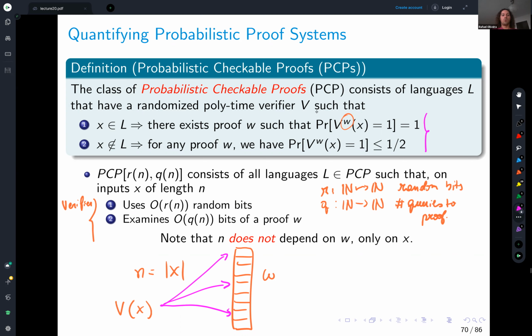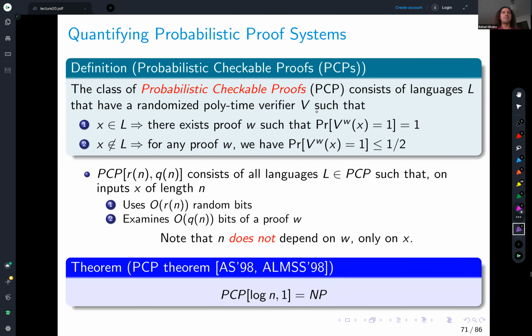Okay, so here's the amazing fact about this class. It turns out that PCP(log n, 1), with R being log n and Q being 1, is equal to NP. Now let's unpack what this means and why this is really amazing.